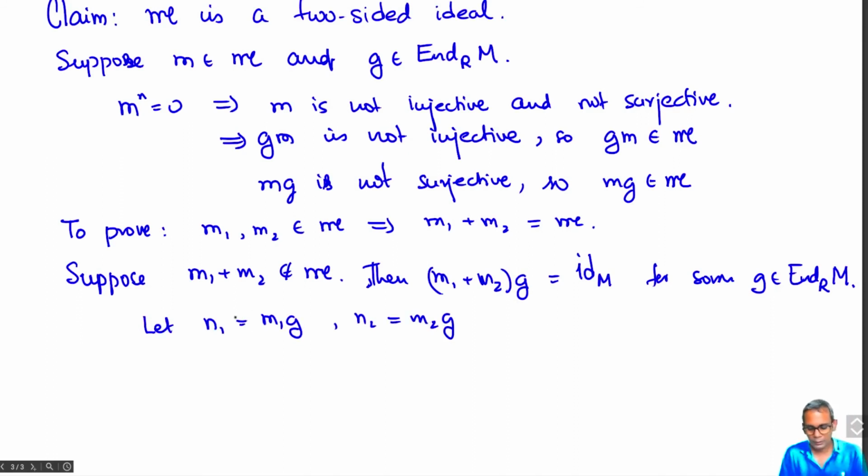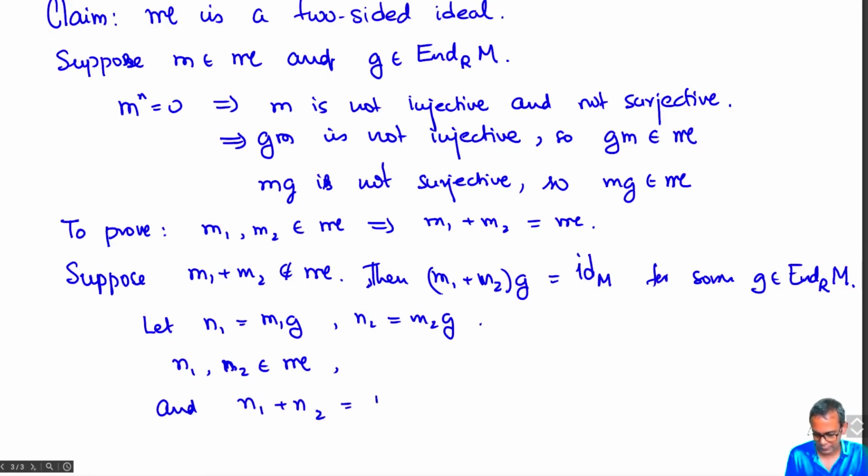Then because M is closed under left and right multiplication by arbitrary elements of End R M, this n1 and n2 again belong to M. And moreover, n1 plus n2 is the identity element.